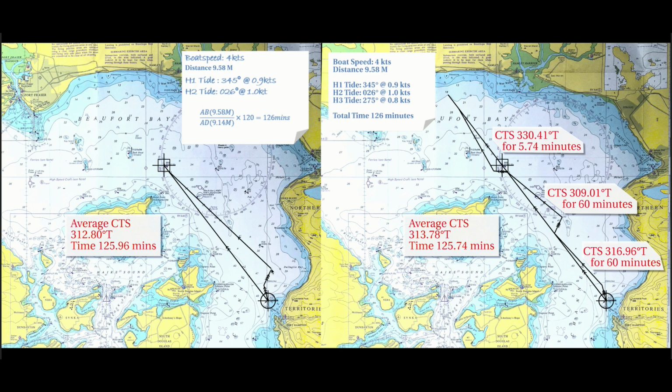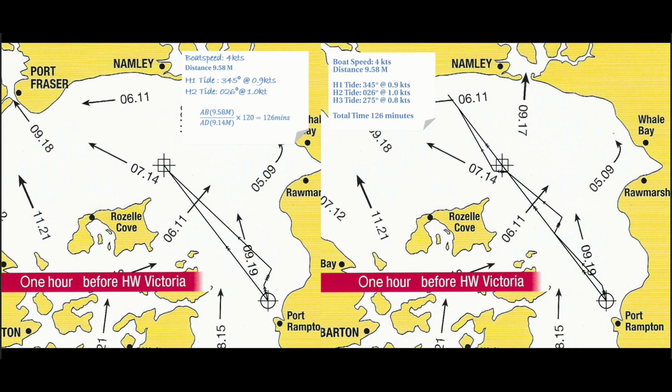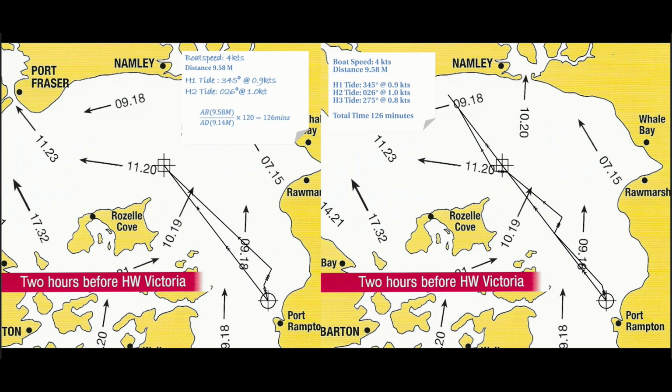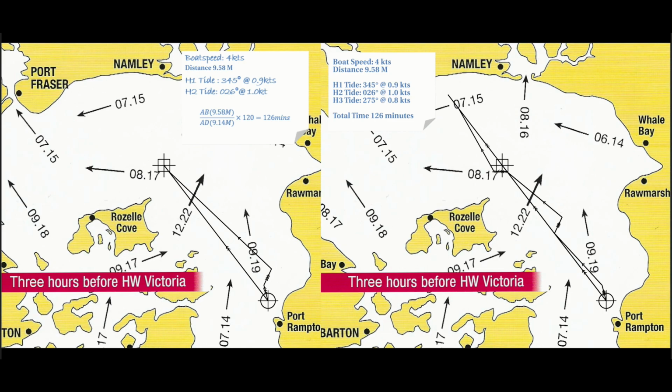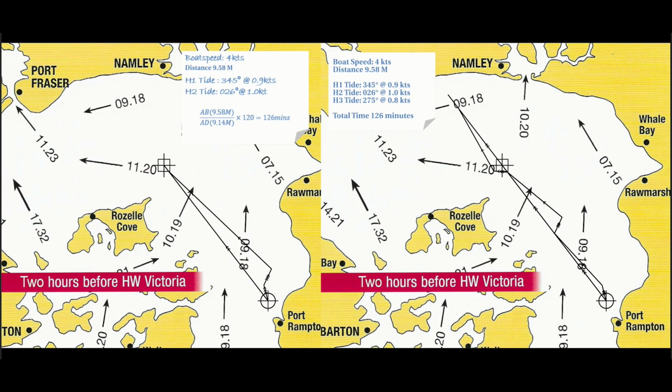We'll go and plot a second one. We've also guessed that we're going to use this tidal stream as well. So we're going to guess that after the first hour, we're going to be able to use this one, and then a third one if we need it.